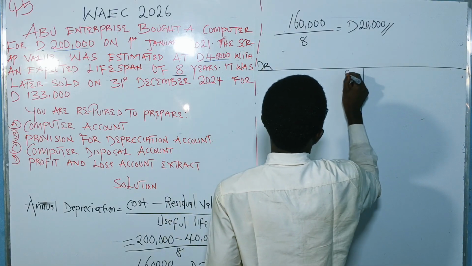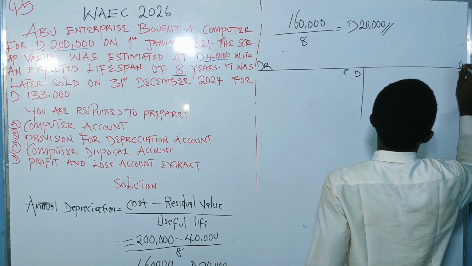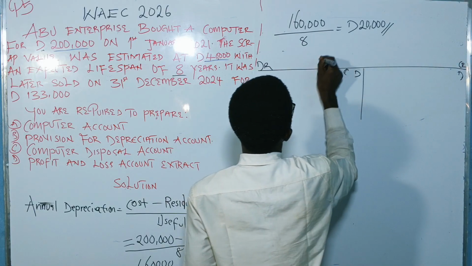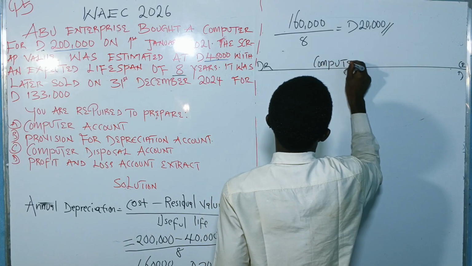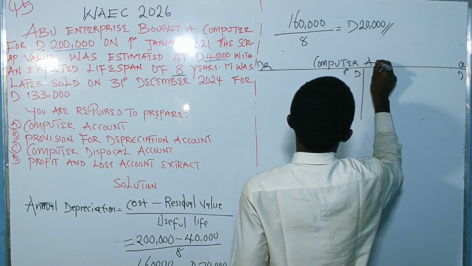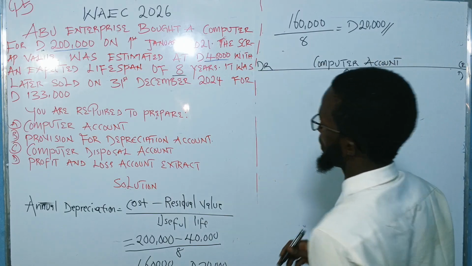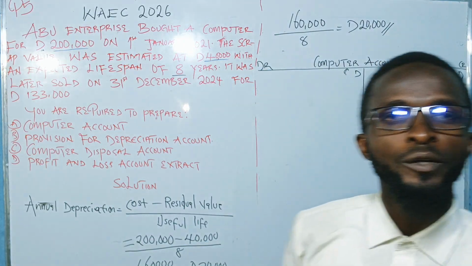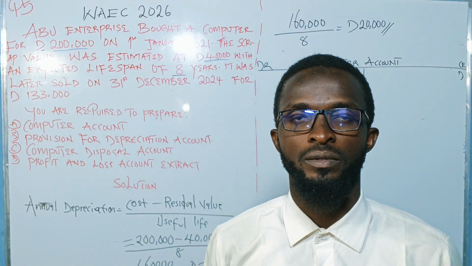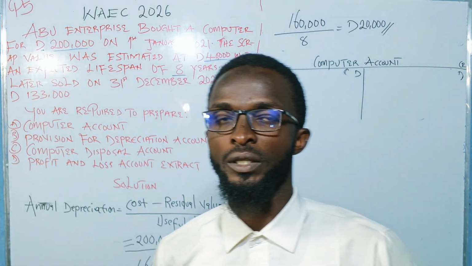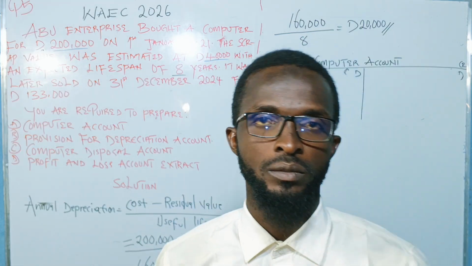Debit, dollars here, credit, computer account. Remember our normal rules we introduced? We said real accounts have a simple rule: debit what comes in, credit what goes out.